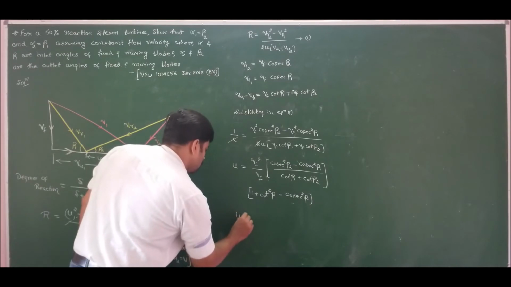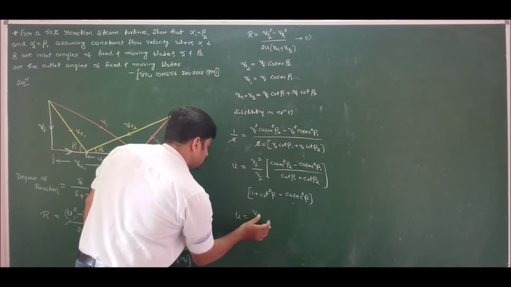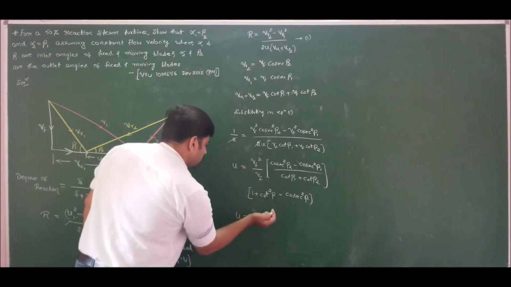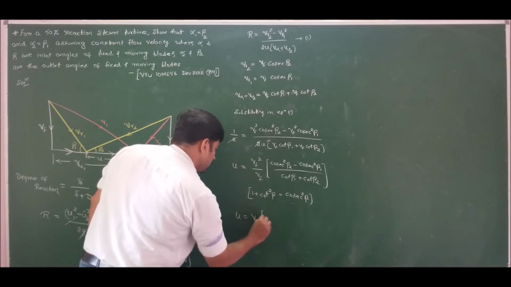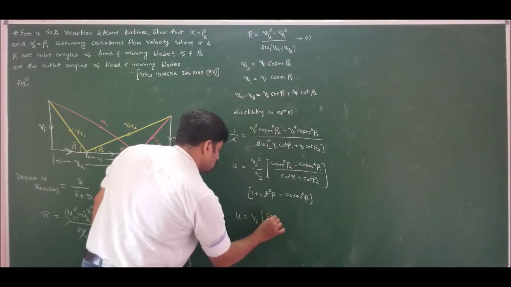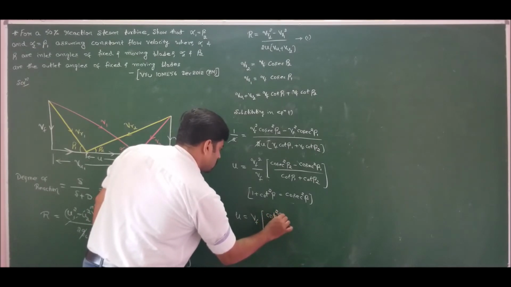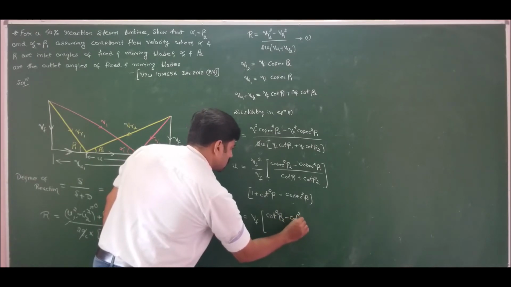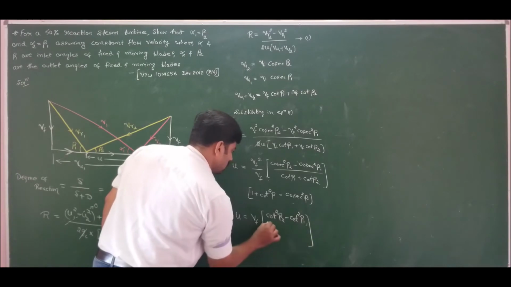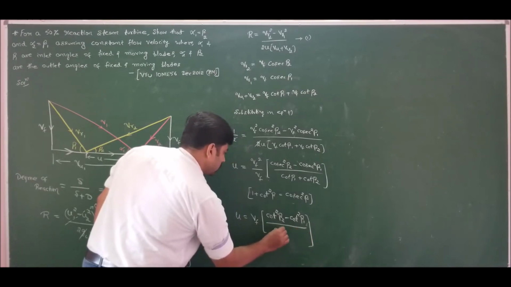So u will become Vf, as Vf square and Vf cancel off, of cot square beta 2 minus cot square beta 1, whole divided by cot beta 1 plus cot beta 2.